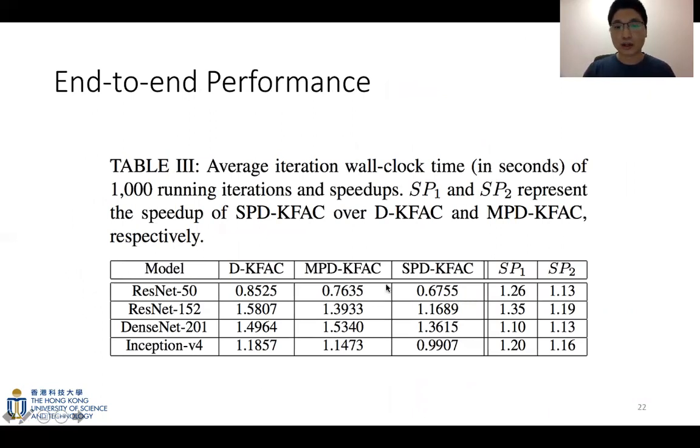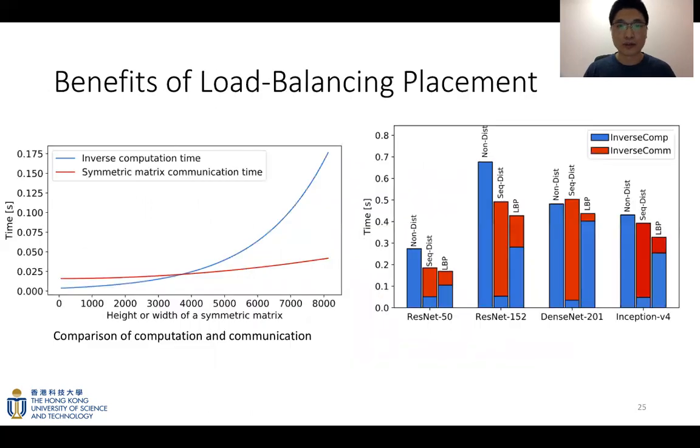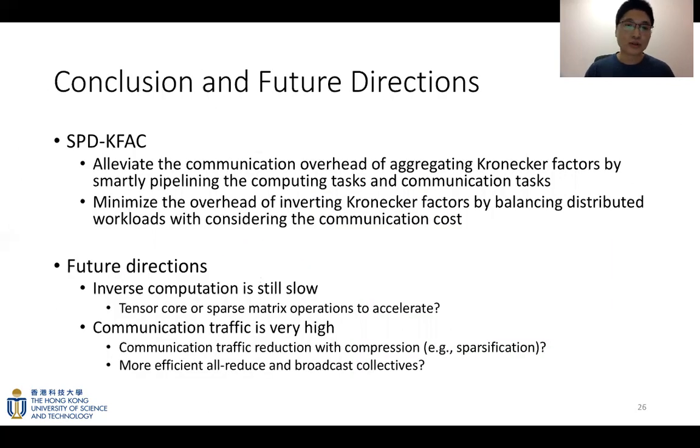Our method, SPDK-FAC, outperformed existing methods by about 10% to 35%. We also break down the time performance to better understand which parts of the benefits come from our different techniques.